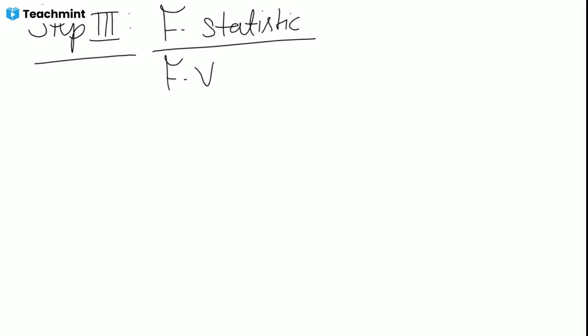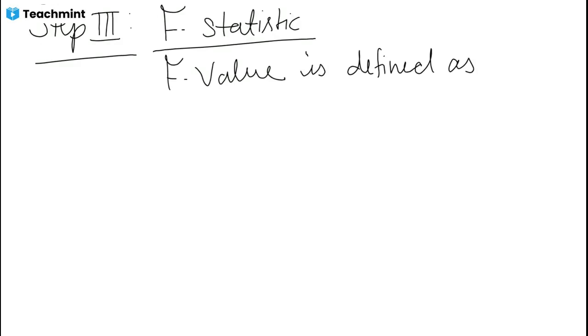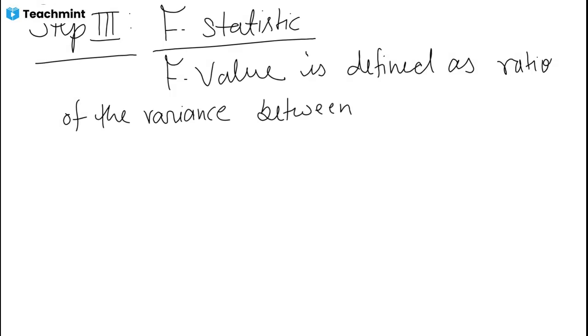F value is defined as the ratio of the variance between samples to the variance within sample.